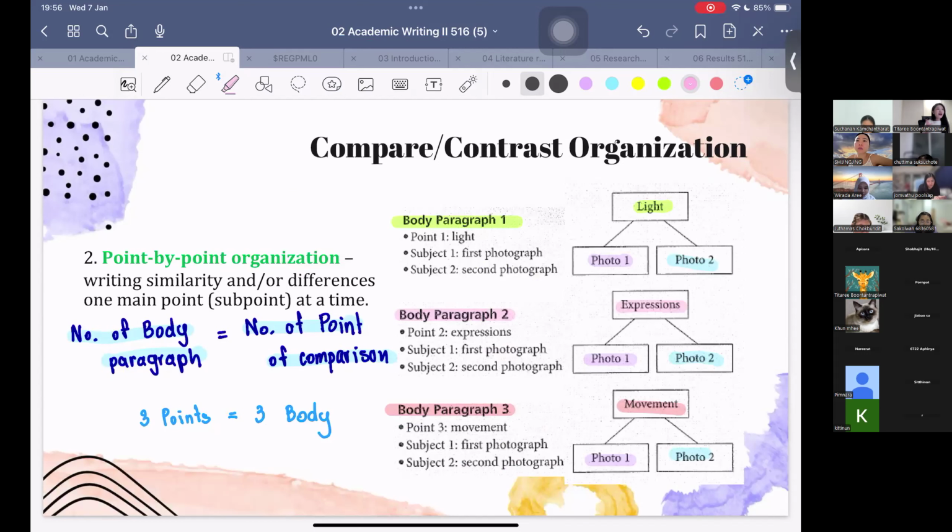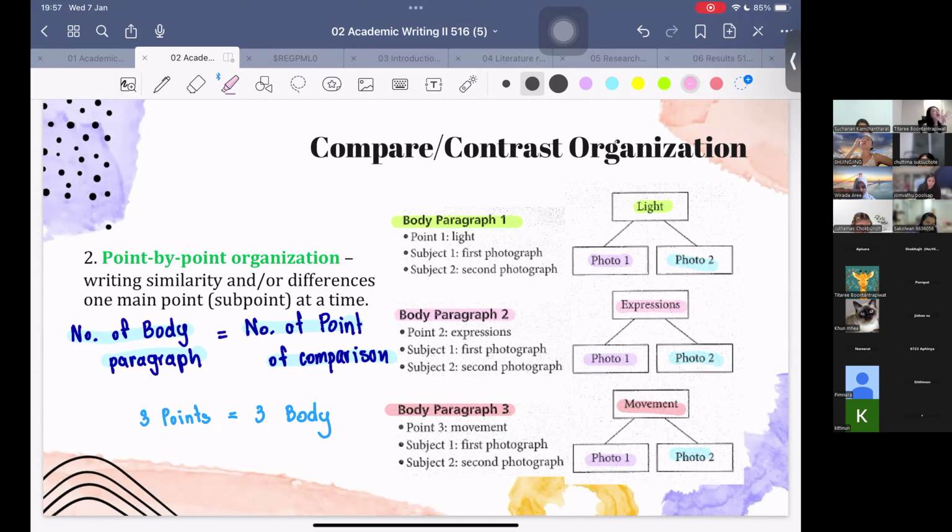Based on point by point organization, the number of body paragraphs equals the number of points of comparison. Since you have 3 points of comparison, you're going to have 3 body paragraphs. If you have 5, you're going to have 5 body paragraphs. Simple as that, and definitely as straightforward as that.